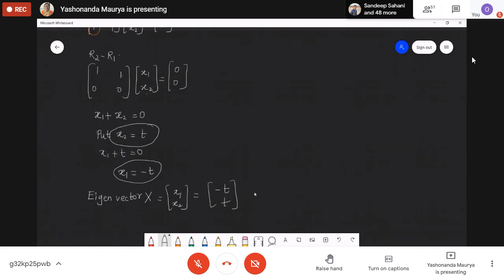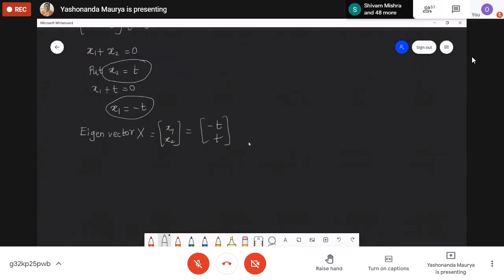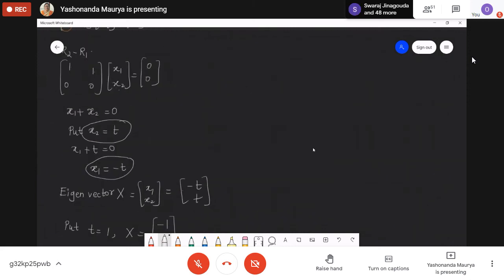We'll put the values here. Put t is equal to 1. Therefore, what is the value of x now? Minus 1 and 1. So this is the eigenvector.